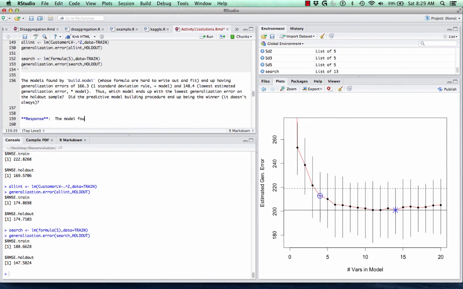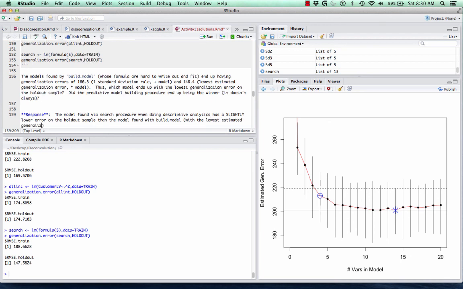So the model found via search procedure when doing descriptive analytics has a slightly lower error on the holdout sample than the model found with build model with the lowest estimated generalization error, but not by much.